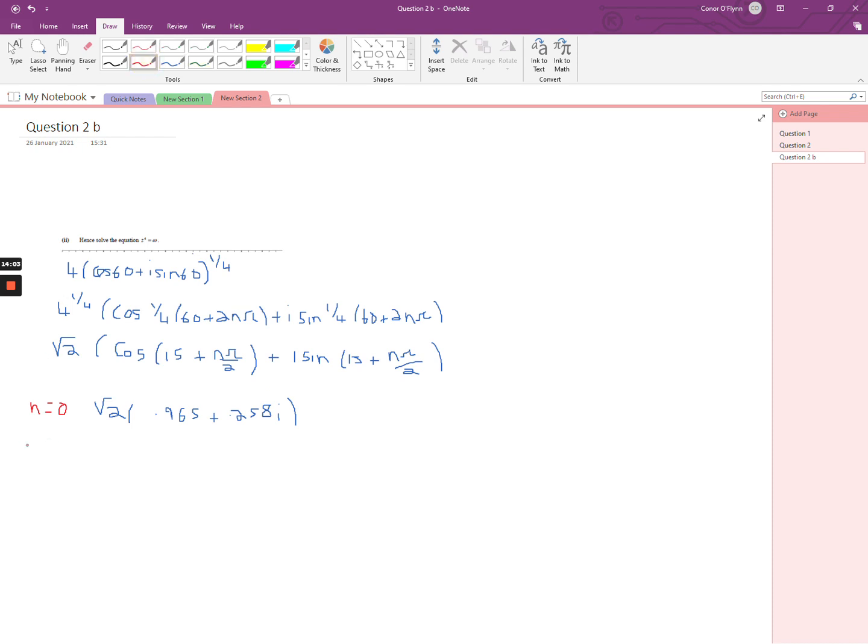Then n equals 1. What am I looking at? Just set it up, the square root of 2. For n equals 1, that's pi over 2, and pi is 180, so 180 divided by 2 is 90, plus your 15, so it's cos of 105. I'm working with 105. So what is cos of 105?